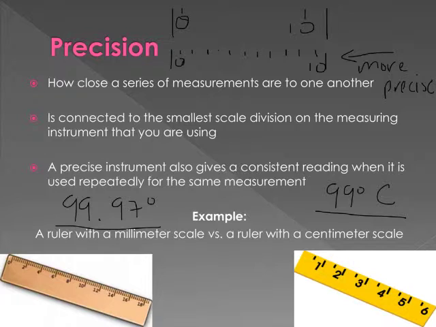However, you can tell that this tool with the decimal points gets us even closer, because it has more precision. We can tell that we're at 99.97 instead of, say, here, where we don't know if we're at 99.0 or if we're really close to 100 and it just hasn't rounded up yet. Okay? So accuracy is how close you are to the accepted value. Precision is essentially how many decimal points you can measure to.